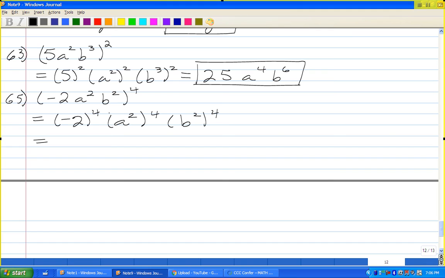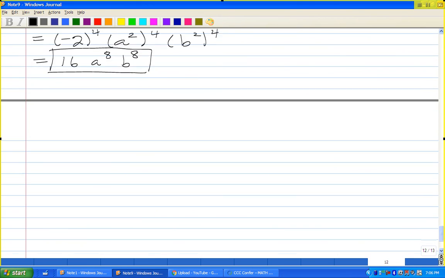Negative 2 to the 4: negative 2 times negative 2 is positive 4, times negative 2 is negative 8, times negative 2 is positive 16. Multiply exponents, 2 times 4 is 8. Multiply exponents, 2 times 4 is 8. So 16 a to the 8th, b to the 8th. 67.